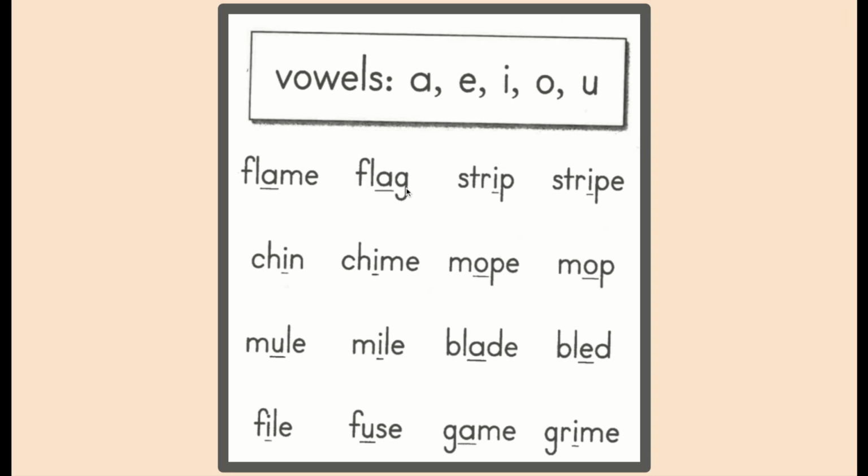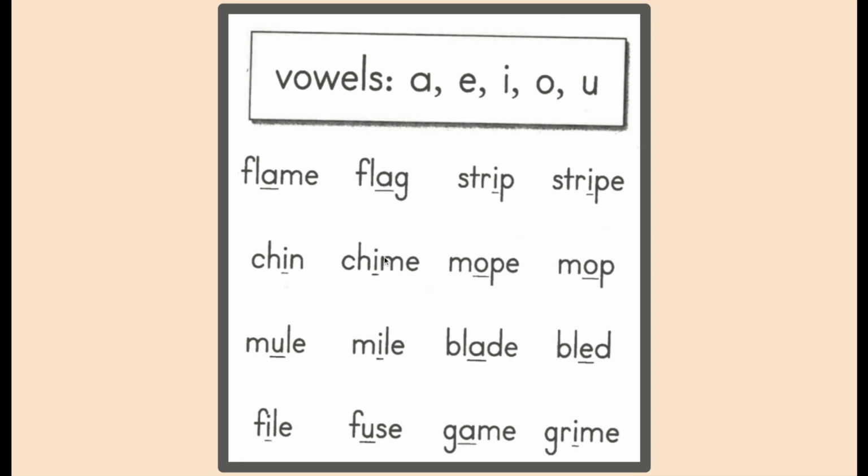No E on the end, the vowel says its sound, A. Flag. No E on the end, the vowel says its sound, I. Strip, strip. E on the end, the vowel says its name, I. Stripe, stripe. No E on the end, the vowel says its sound, I. Chin.